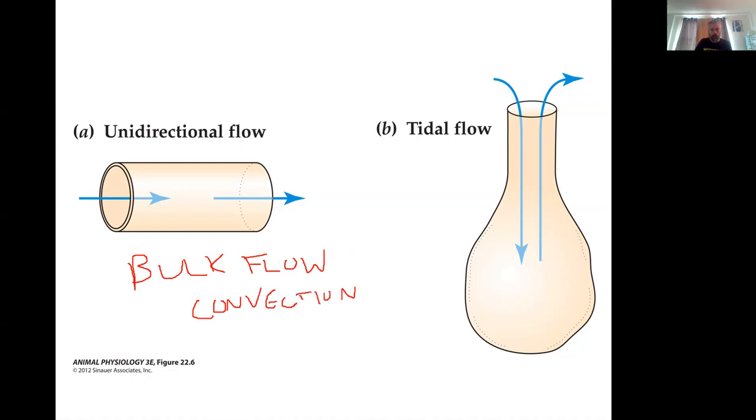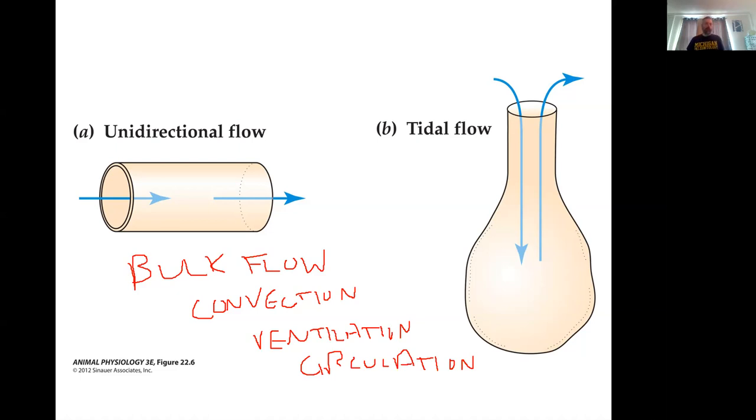In an animal, this is ventilation and circulation, right? And this is much, much, much faster than diffusion because we're pushing it. We're providing some pressure to move it in a direction rather than something allowing it to kind of take its own whim.